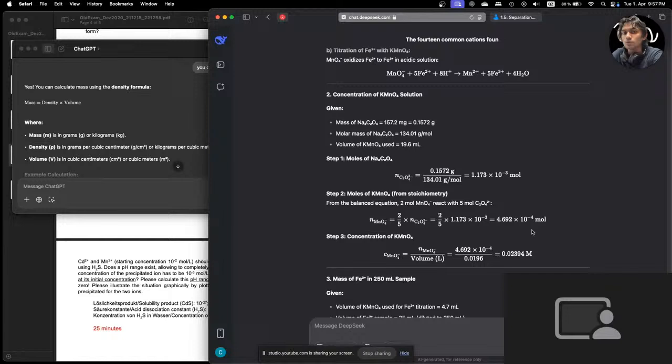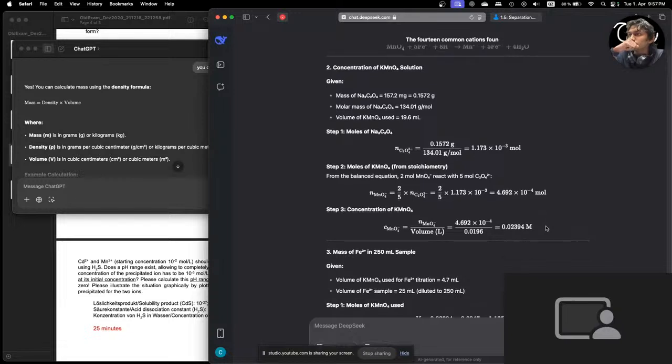Concentration of potassium permanganate equals number of moles divided by volume. Yeah, that's right.